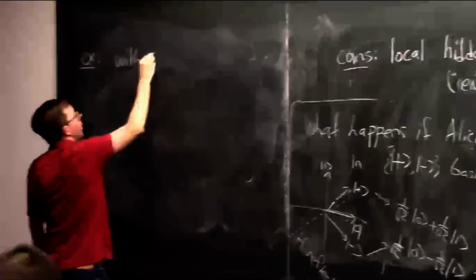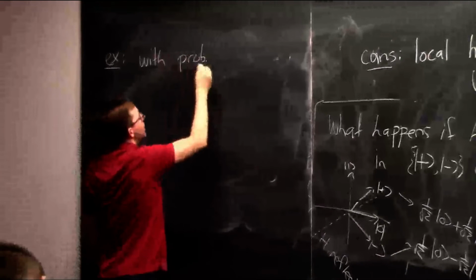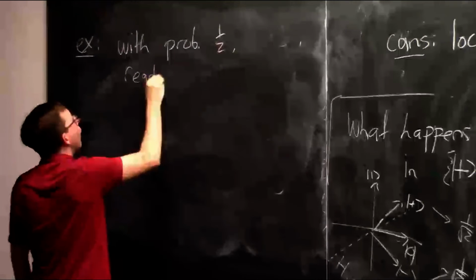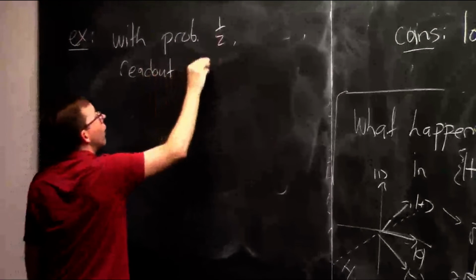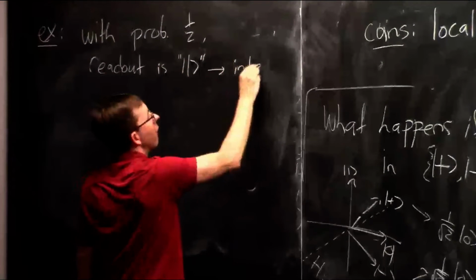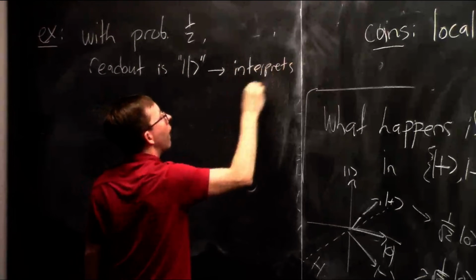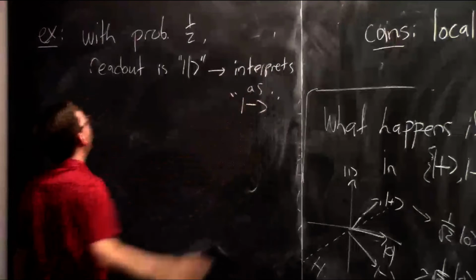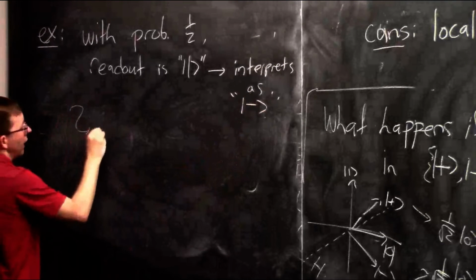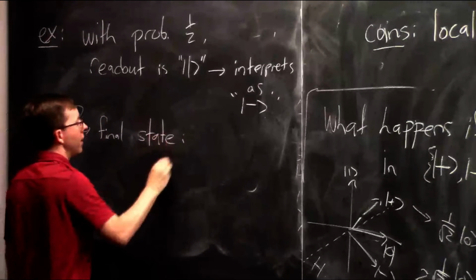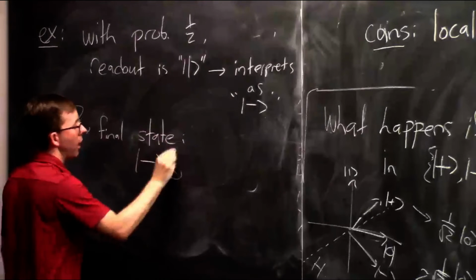Okay, we know with 50% probability she reads out a half, which she interprets as minus. And finally, the final state in this case turns out to be minus tensored with minus.